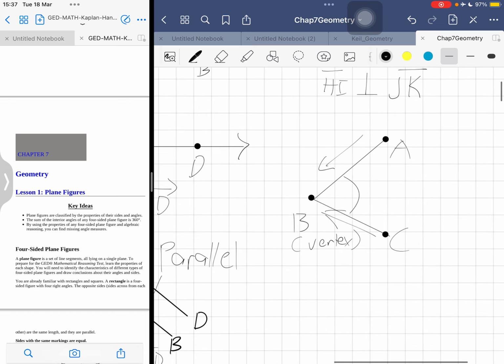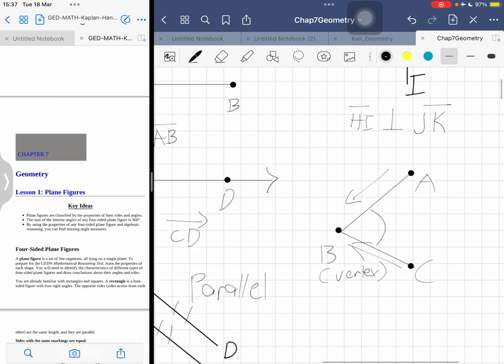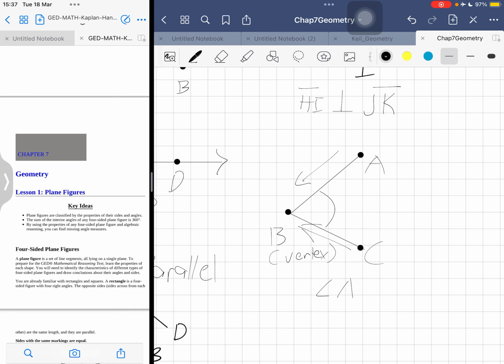And then we can name this angle as angle ABC. Whatever the measurement, whatever the degrees, for example 45 degrees or whatever, we can call it x since we don't know it.